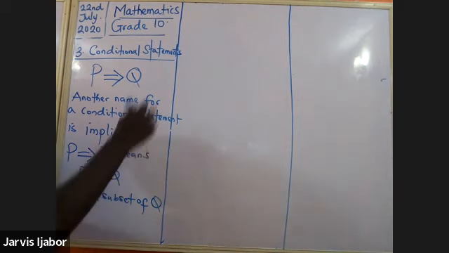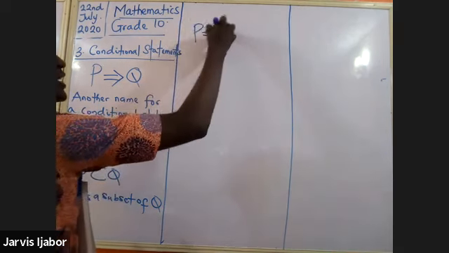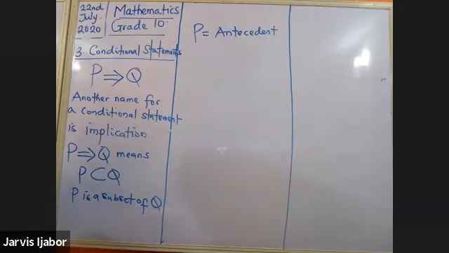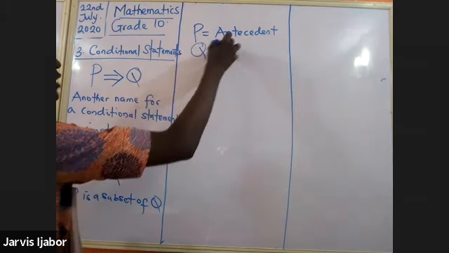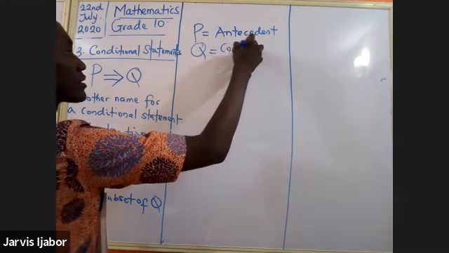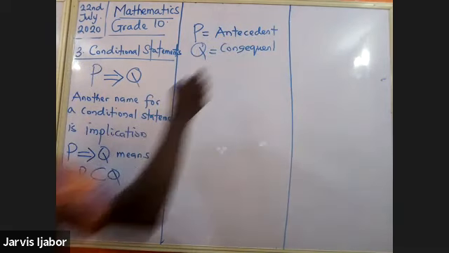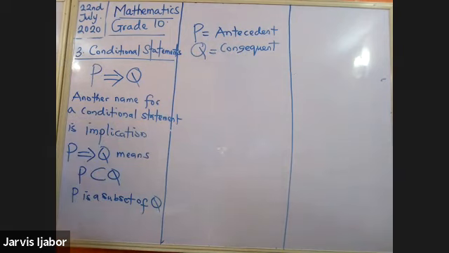In this arrangement, P is what is called the antecedent, and Q is called the consequence.